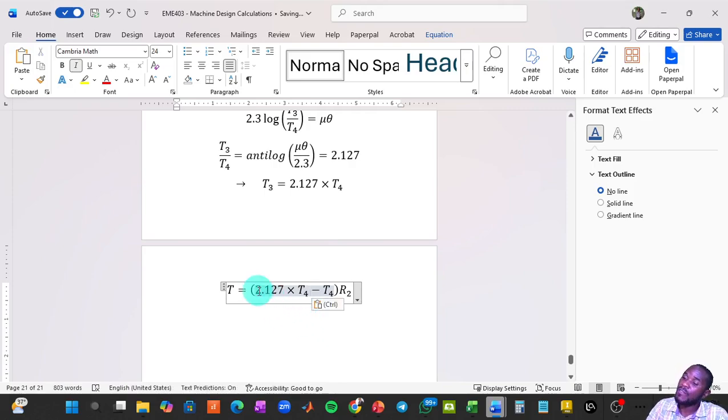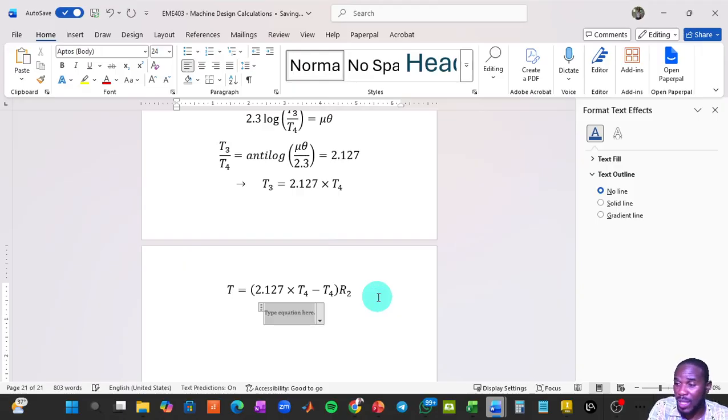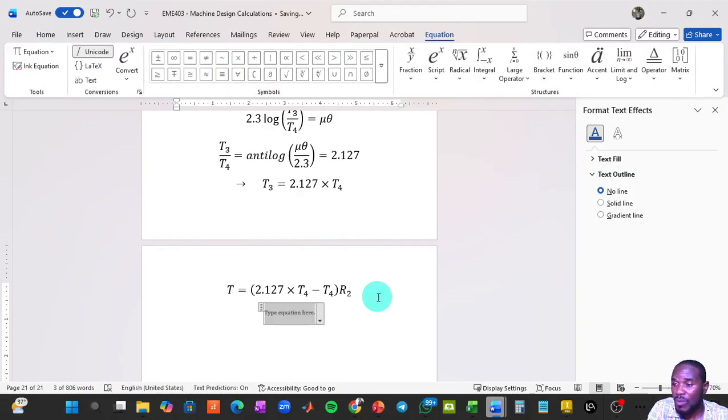So I have 2.127 times this minus 1 times of the same value. So it's going to be 2.127 minus 1. That will be 1.127 T4.